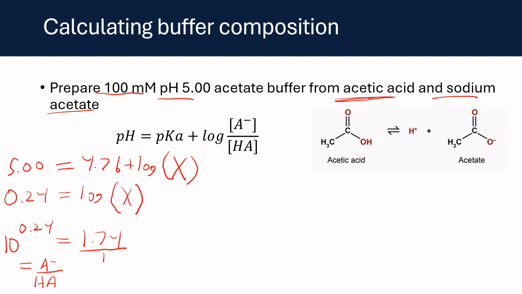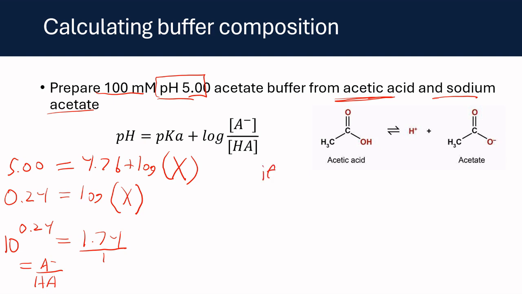So think this through. We are getting a number that is greater than 1, which means the base must outnumber the free acid. And this makes sense because our target pH is north of our pKa value. If we're higher than the pKa value, then we have more base than acid presence. Okay? So, I'm just going to write that out again over here because this can be conceptually quite difficult.